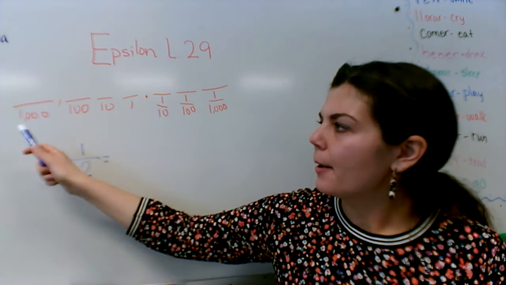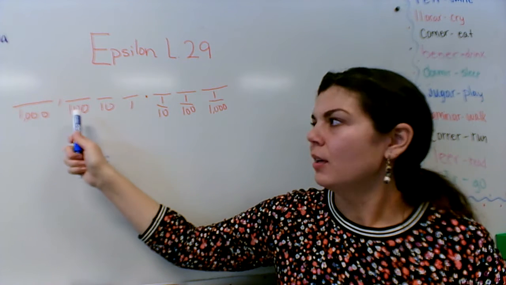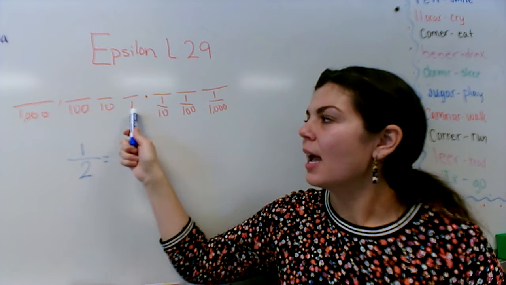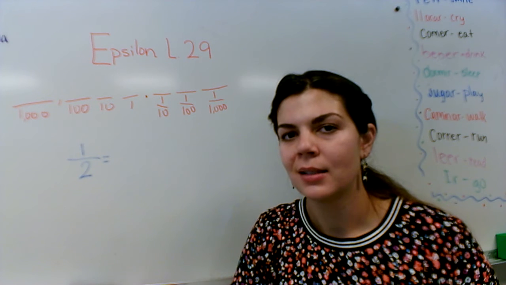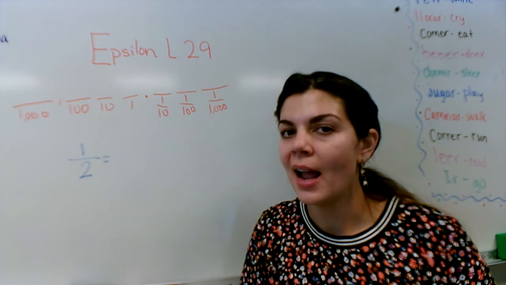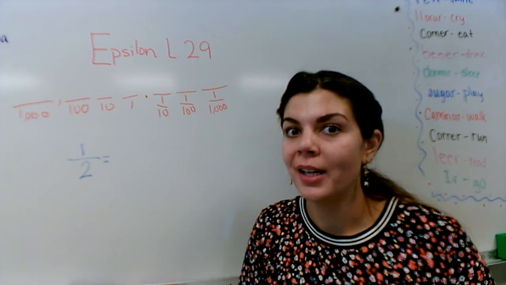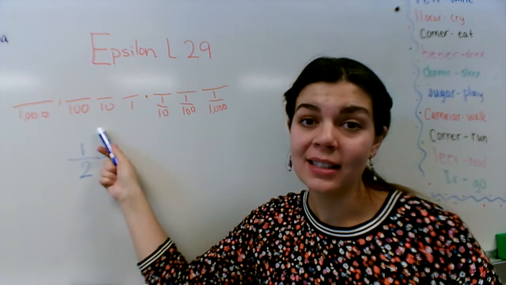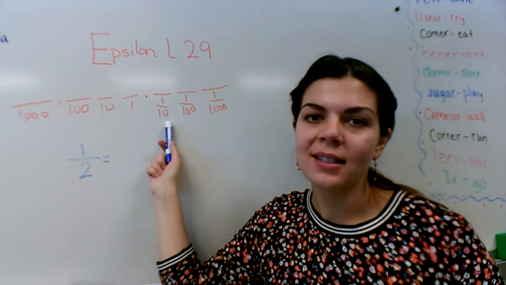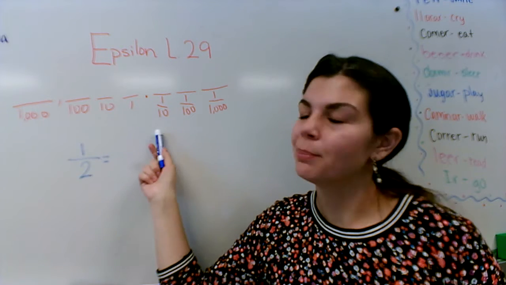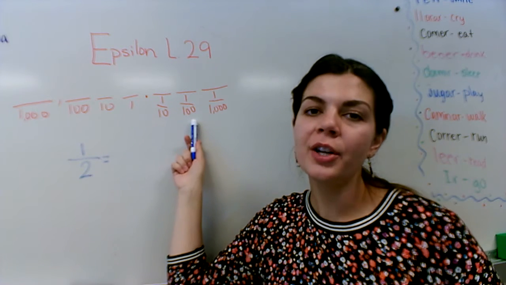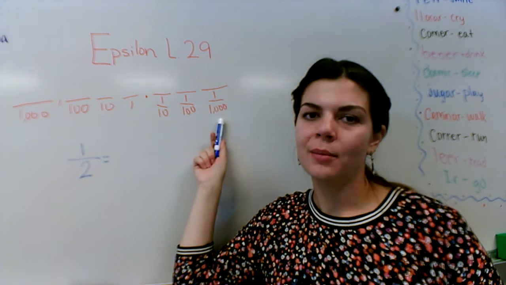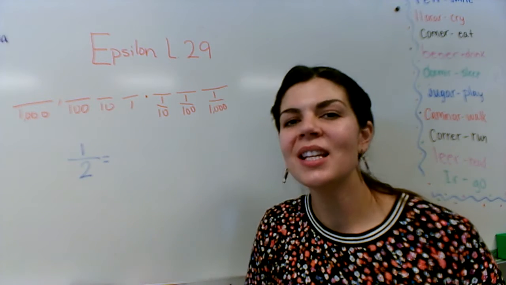So here we have the thousands place, the hundreds place, the tens place, and the ones place. Now, next year, you'll be learning about the tenths, not tens, tenths, the tenths place, the hundredths place, and the thousandths place. There's a TH at the end of each of those.